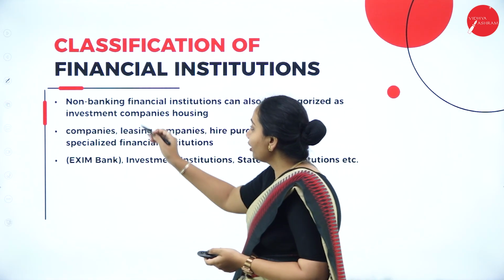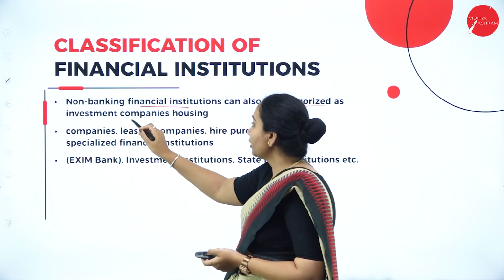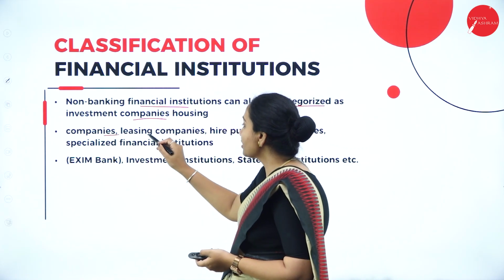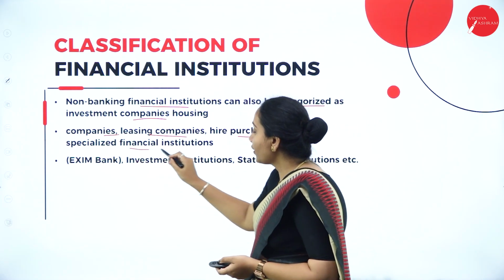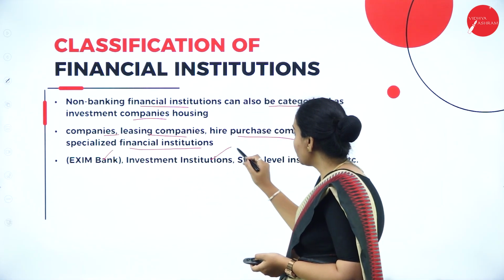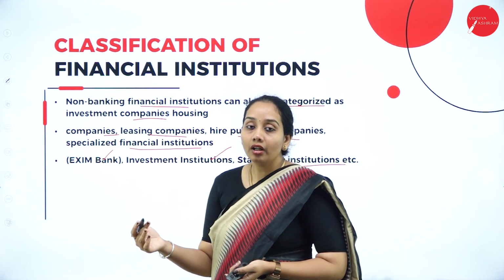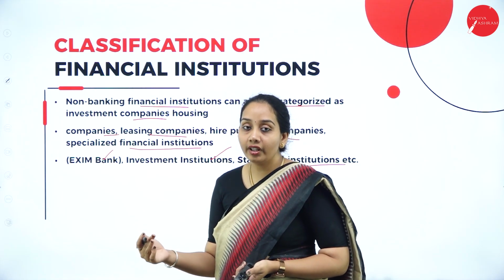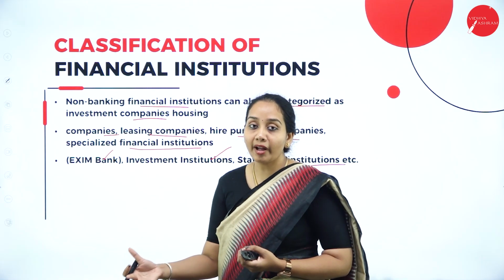Non-banking financial institutions can also be categorized as investment companies, housing companies, leasing companies, hire purchasing companies, and specialized financial institutions like Exim Bank, investment institutions, state level institutions, etc. We have the Industrial Financial Corporation of India. Another example is IDBI, that is Industrial Development Bank of India.